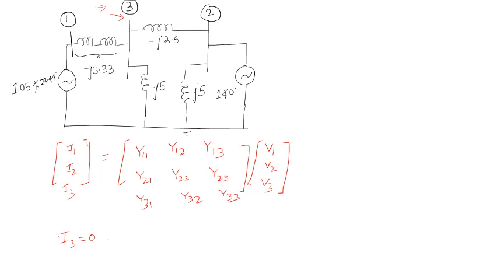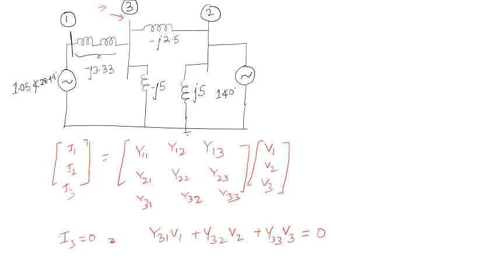So if I write I3 as 0, I will write it like this: Y31 V1 plus Y32 V2 plus Y33 V3 equal to 0.